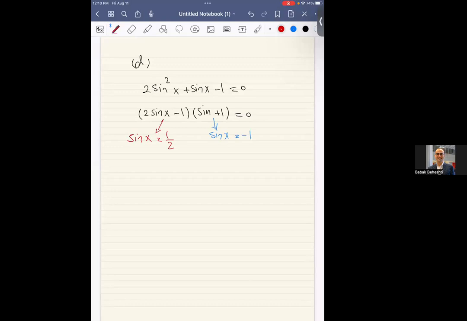So sine x equal to 1/2 gives x equal to 2k pi plus pi over 6, or, that's the general formula I'm writing here.